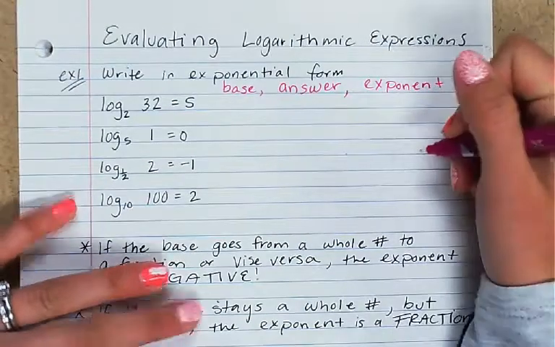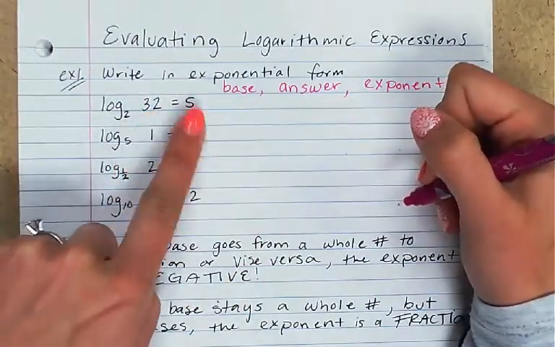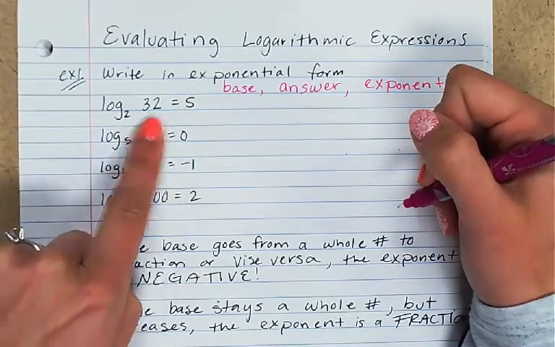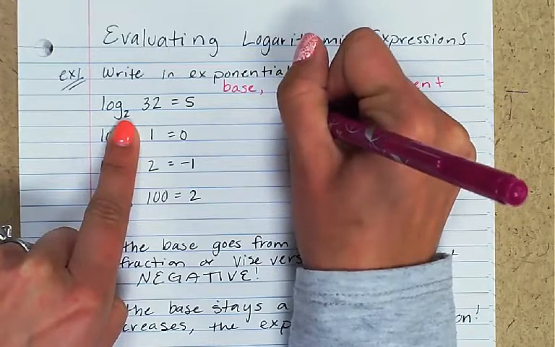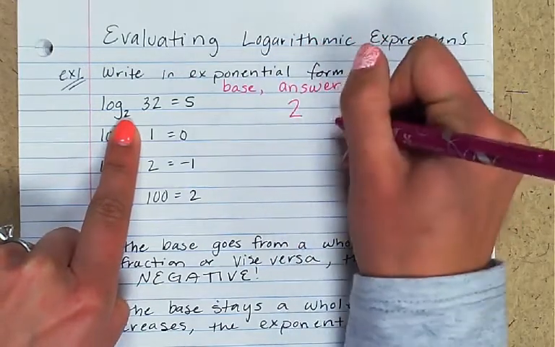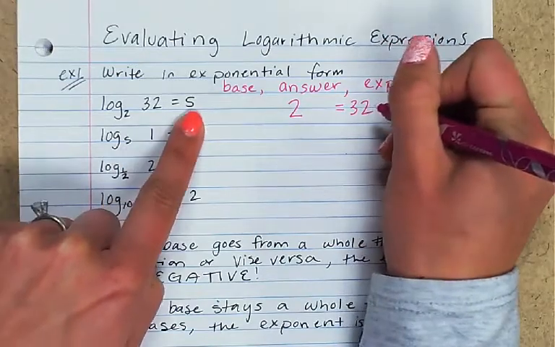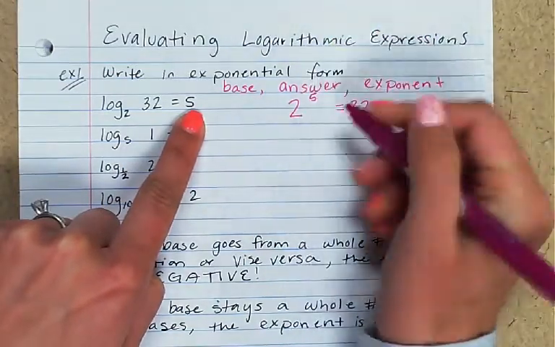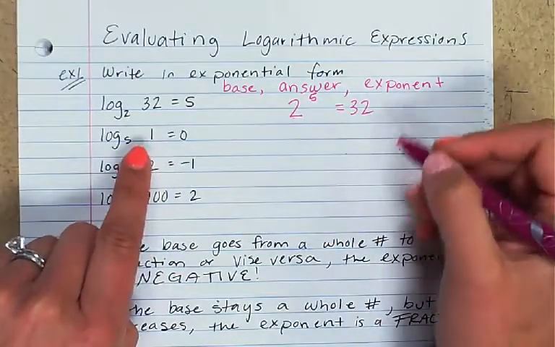Because that's the order that it's laid out if the equal sign is on the right. So it goes base, answer, exponent. So what I mean by that is we're going to have base 2. The answer is 32, and the exponent is 5. So the exponent on our base. So again, 2 to the 5th power is 32.